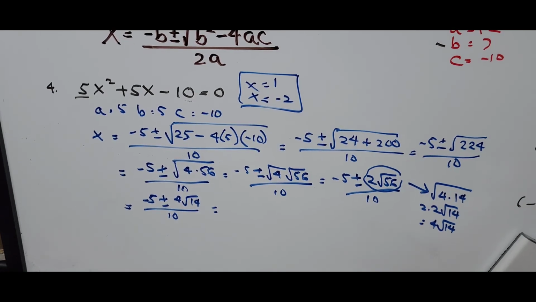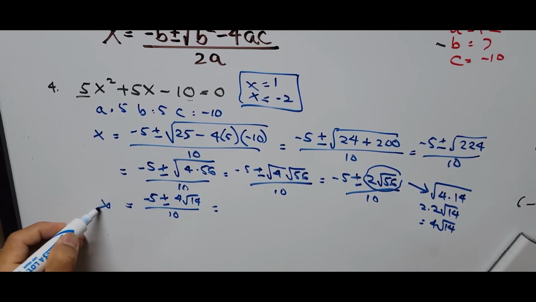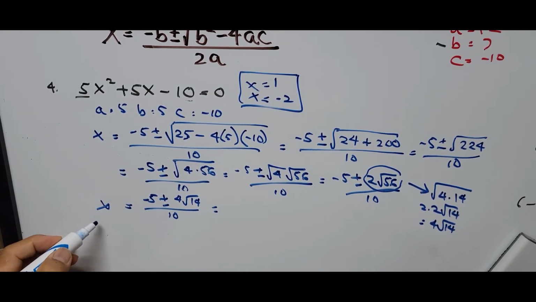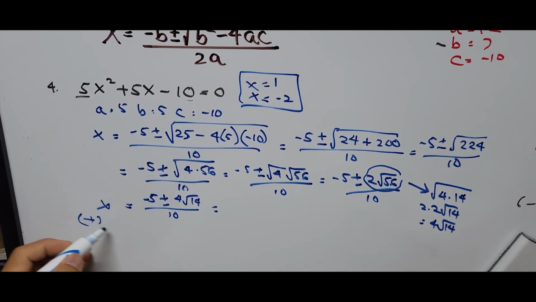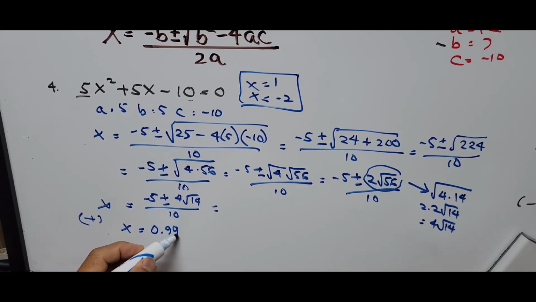Taking the positive value right here, x is equal to 0.99, that's approximately 1.